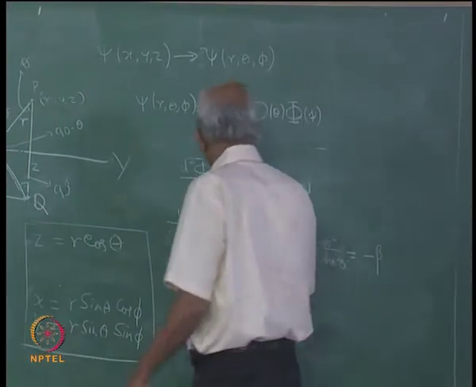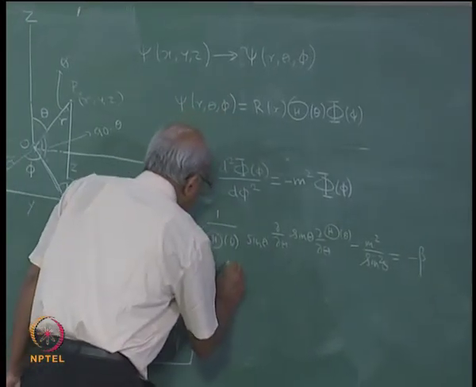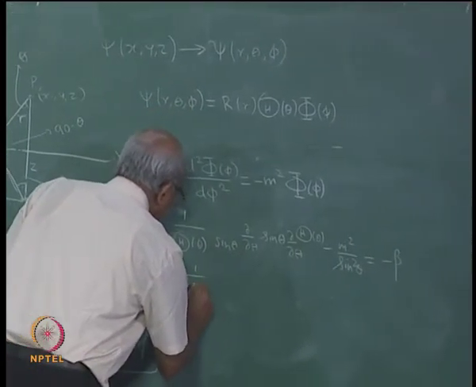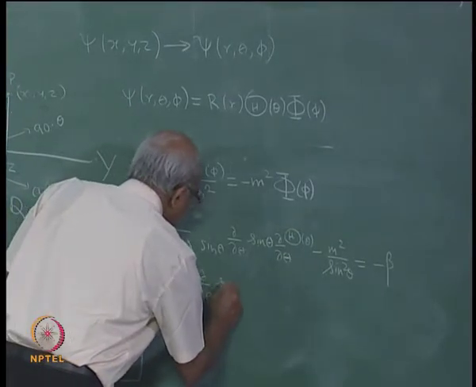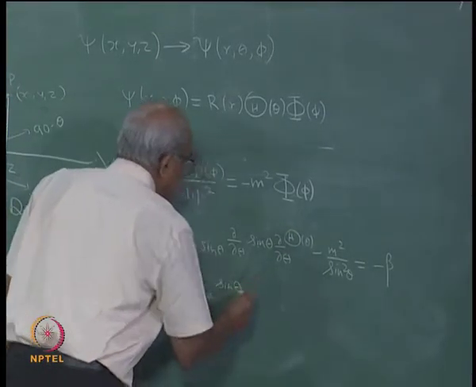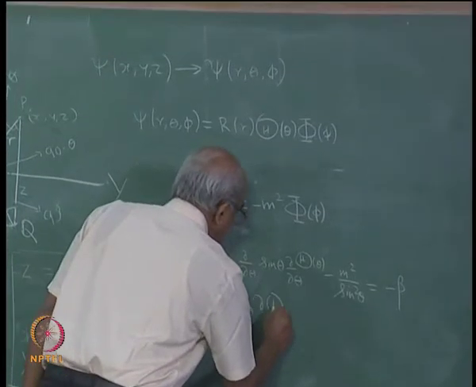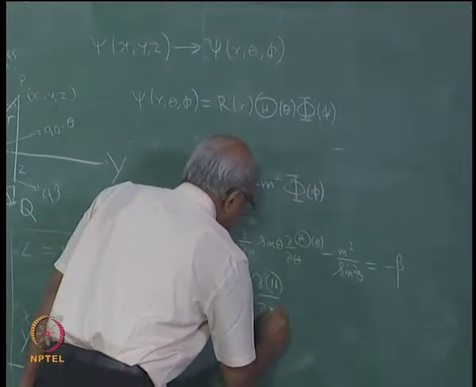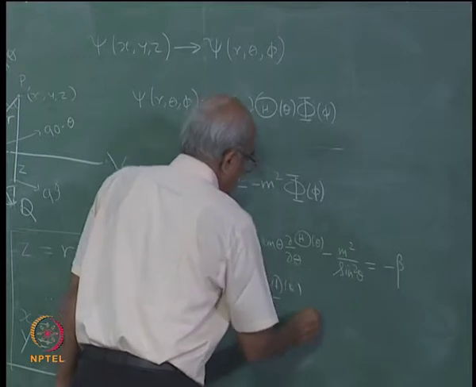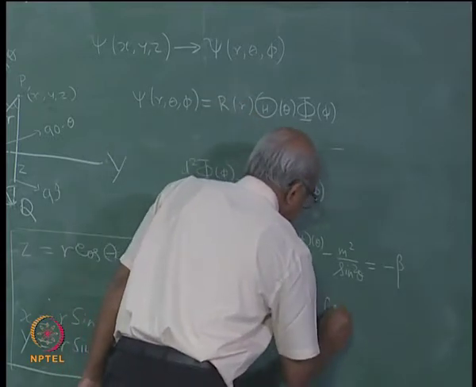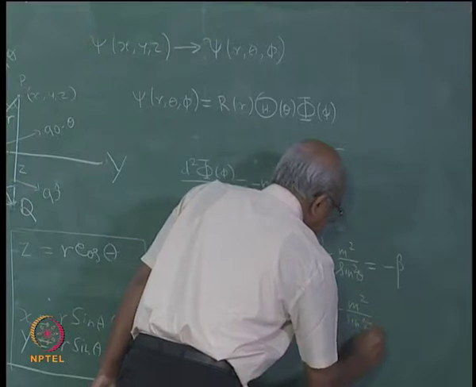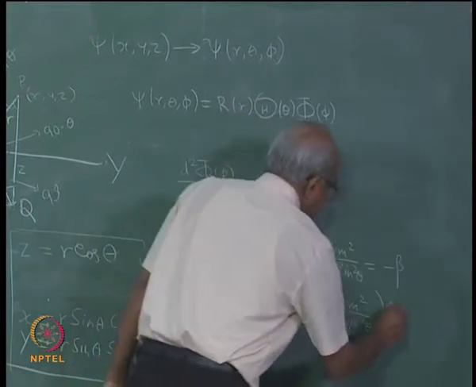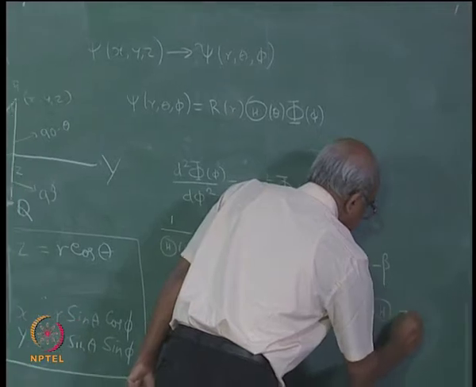So, let me write that result. 1 by sin theta, dou by dou theta, sin theta, dou capital theta by dou theta, plus beta minus m square by sin square theta, into capital theta is equal to 0.